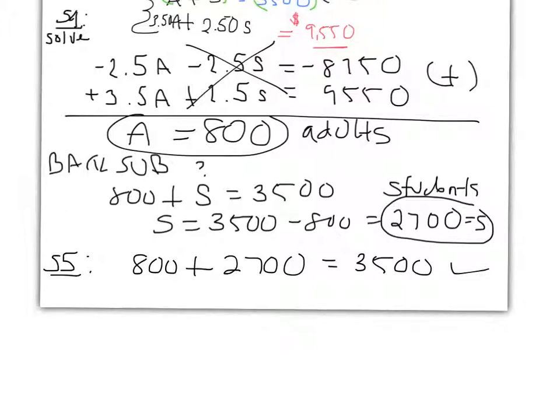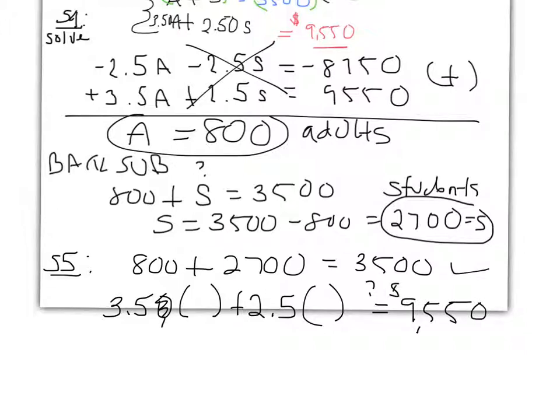And then finally, 3.50 times A plus 2.50 times S, does that give us $9,550? Well, let's see. A is 800 and S is 2,700.